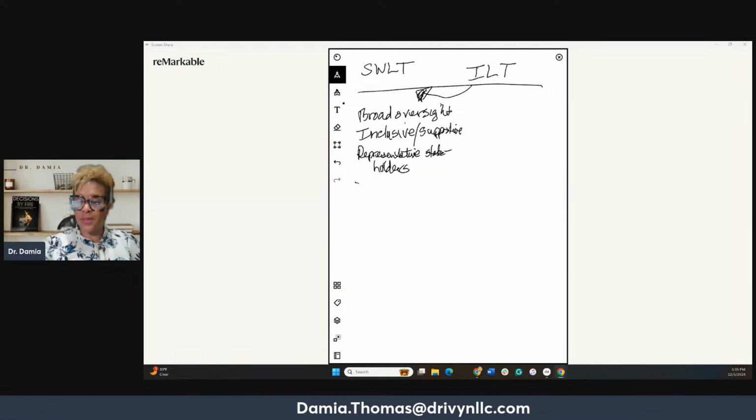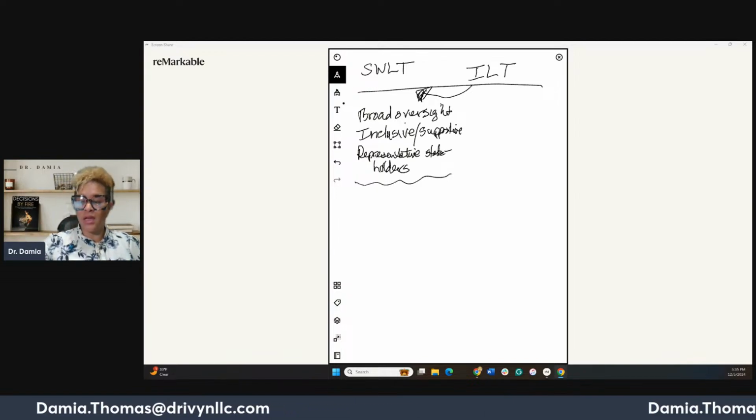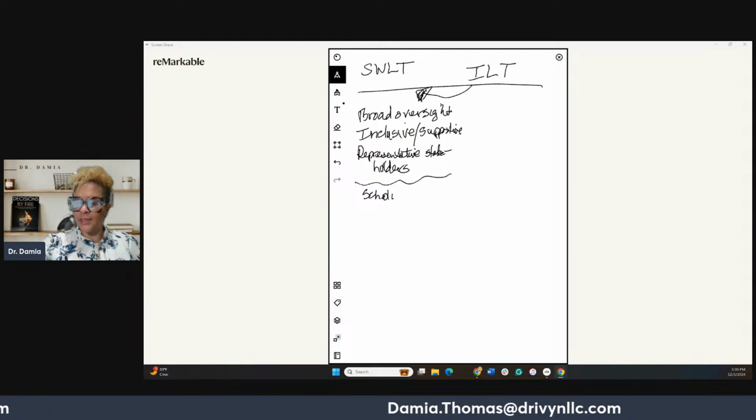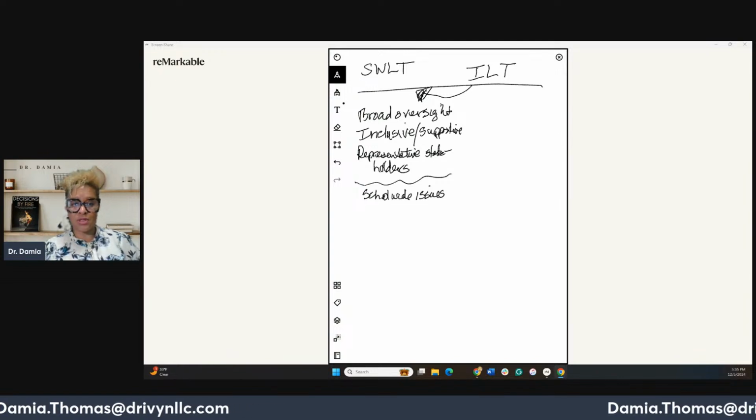Some of their responsibilities would be addressing school-wide issues, like attendance, student behavior, climate and culture, things that are happening in the building.